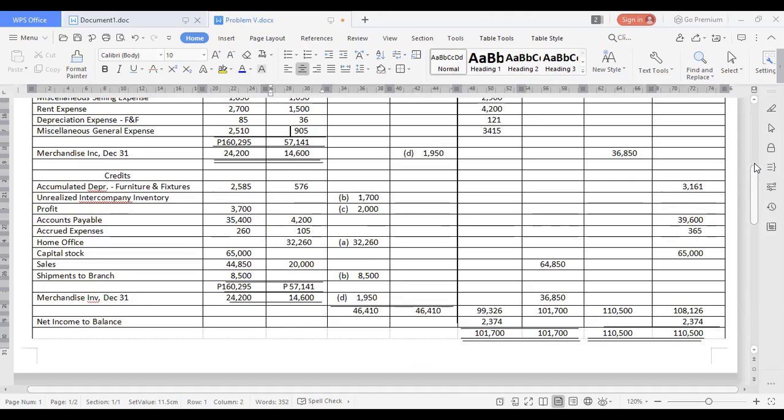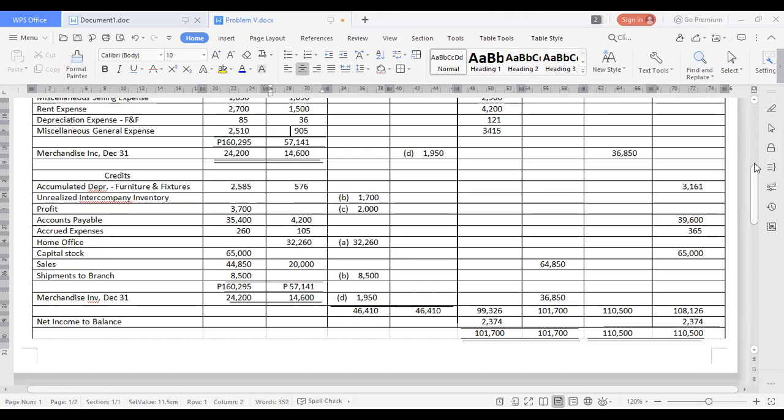Now we go to the credits of the home office. We now have accumulated depreciation. Initially at 2,500 in the books of the home office. So we are crediting another 85.